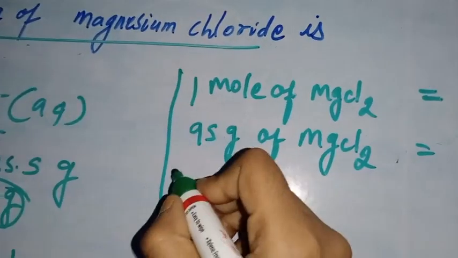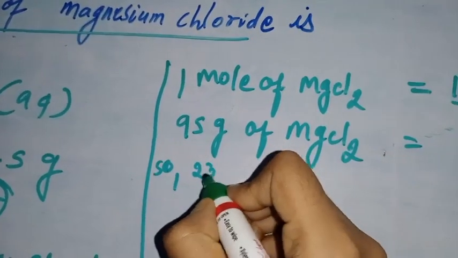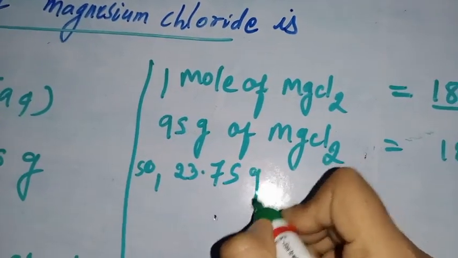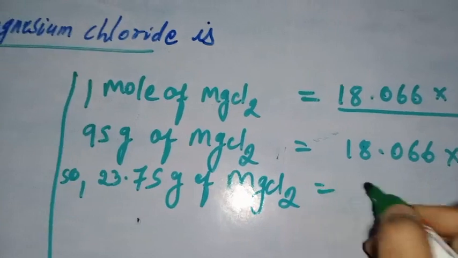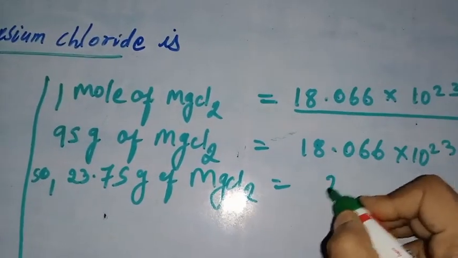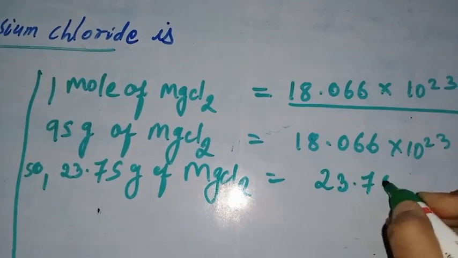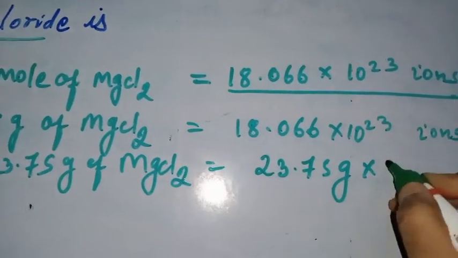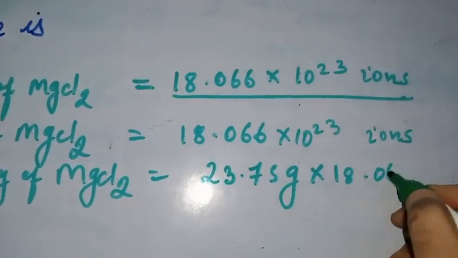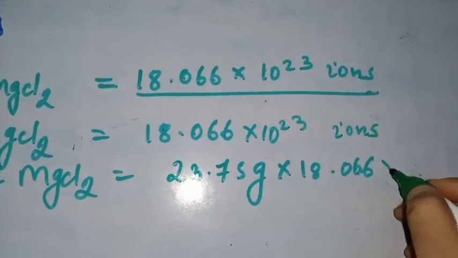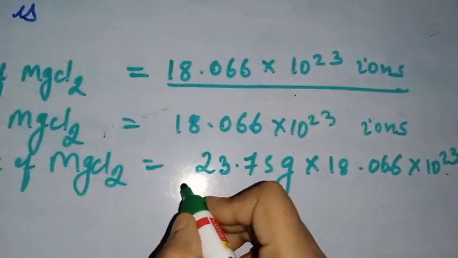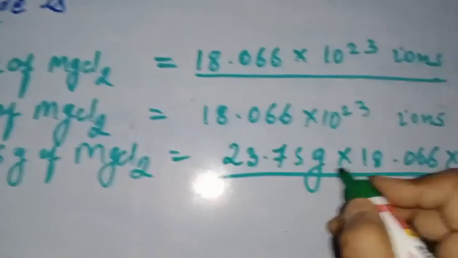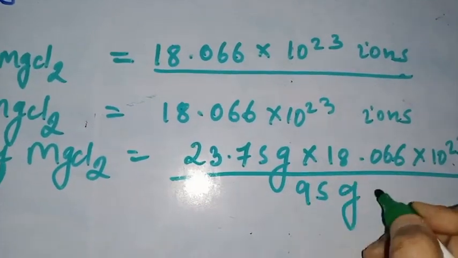Now we have to calculate for 23.75 gram of magnesium chloride. We will apply the unitary method: 23.75 gram into 18.066 into 10 to power 23 ions divided by 95 grams.